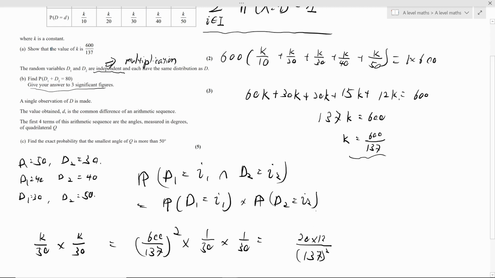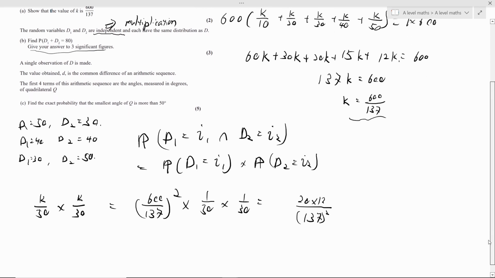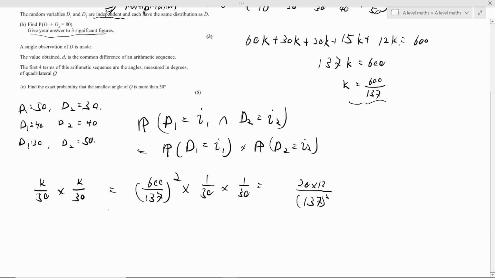Okay. And you can see by similar argument here, the probability that D1 is 30, D2 is 50 is the same, okay? And now what about 40 and 40? You can see that's basically P(D1 is 40), which is 600 over 137 times 1 over 40 squared, and that would be 15 squared over 137 squared.